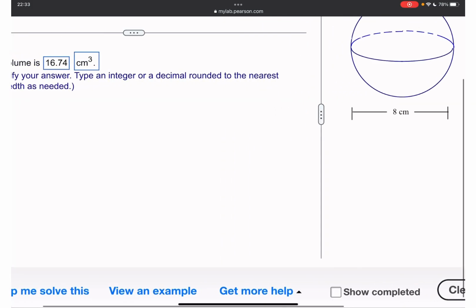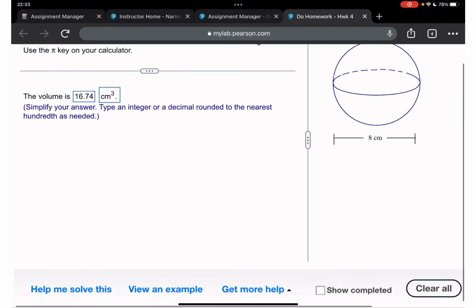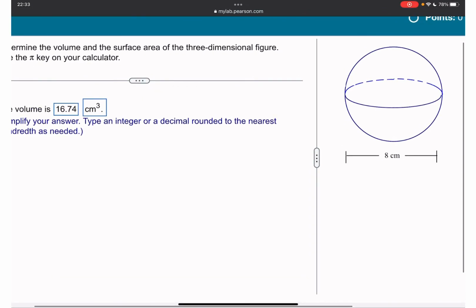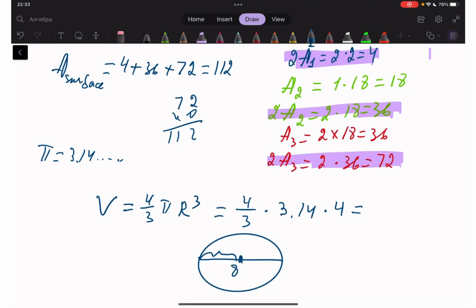Okay, what did we do wrong again here? Let me do the math again. Let's see what we did wrong. One more time, let's check it. It's a matter of math. So 4 over 3 times 3.14. Duh, 4 cubed. Radius is 4, but we need r cubed. Okay. Of course it's wrong.